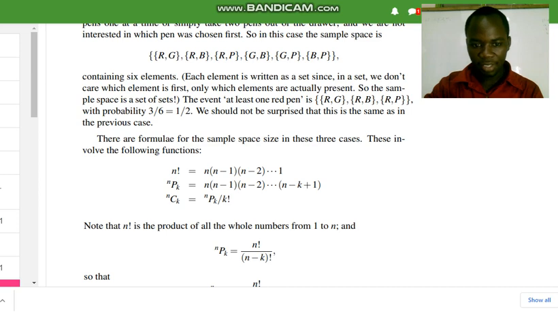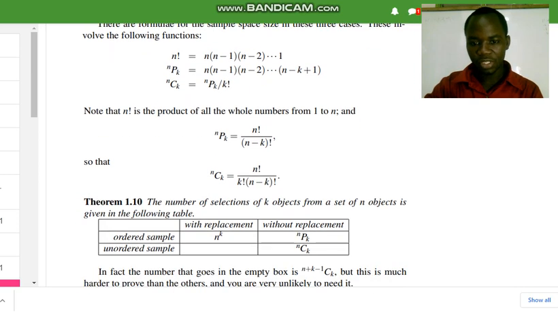Note that n factorial is the product of all the whole numbers from 1 to n, and the combination, that is C superscript n and subscript k, is given by n factorial over k factorial times n minus k factorial.